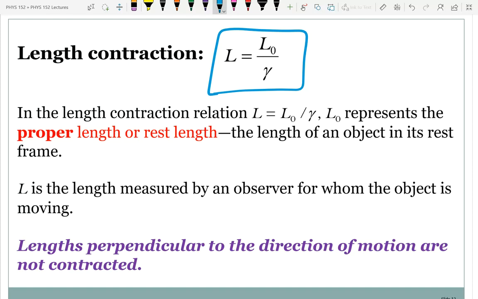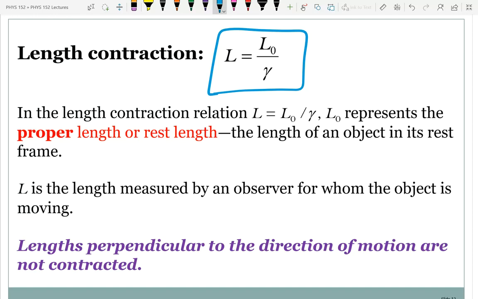Not so. The proper length is the length measured in the reference frame where the distance traveled, or the starting and end points, are stationary. So if I am driving from here to Omaha, I'm in my car, and of course we're supposing, this being physics class, that I am driving at constant velocity the entire time.